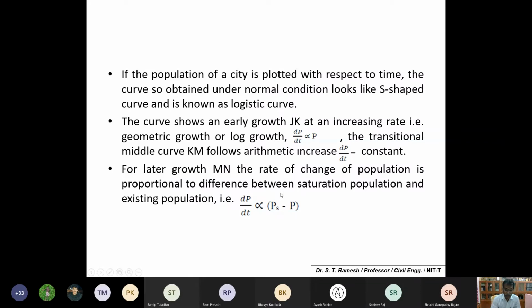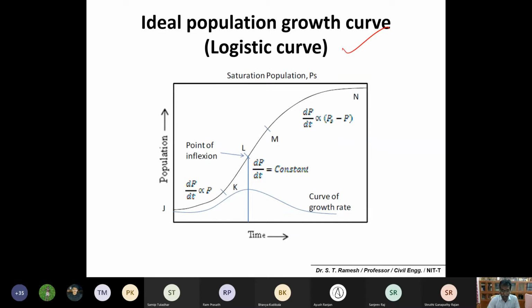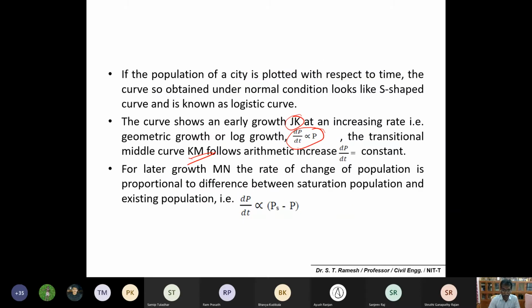The initial portion JK, that is dP by dt is proportional to P. That is the first part that comes under logarithmic or geometric growth phase. Second, the portion KM, that is the middle of the curve, follows a transitional growth pattern, the arithmetic increase, where dP by dt is constant.